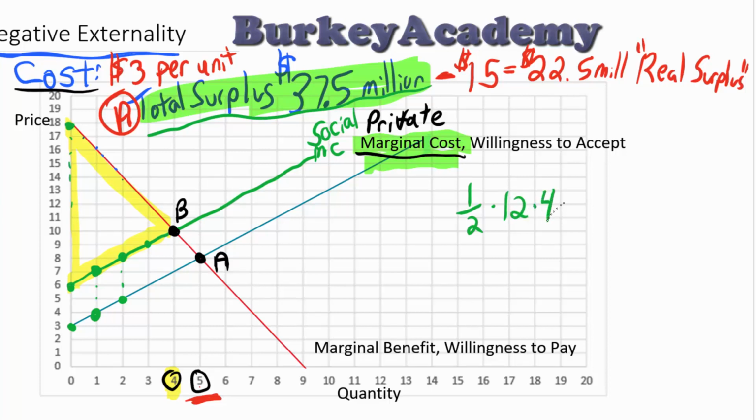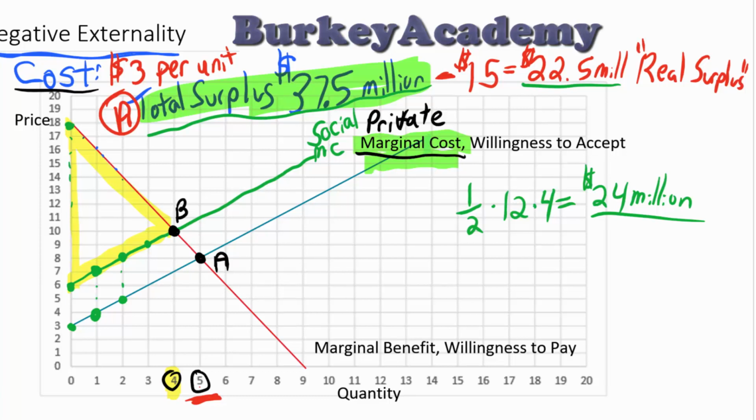And so our real surplus, that's better than the old overproduction, market-driven answer, is going to be 1/2 times 4 times 12, which is 24. And so this is an improvement, getting a larger difference between the costs and the benefits created in a market.